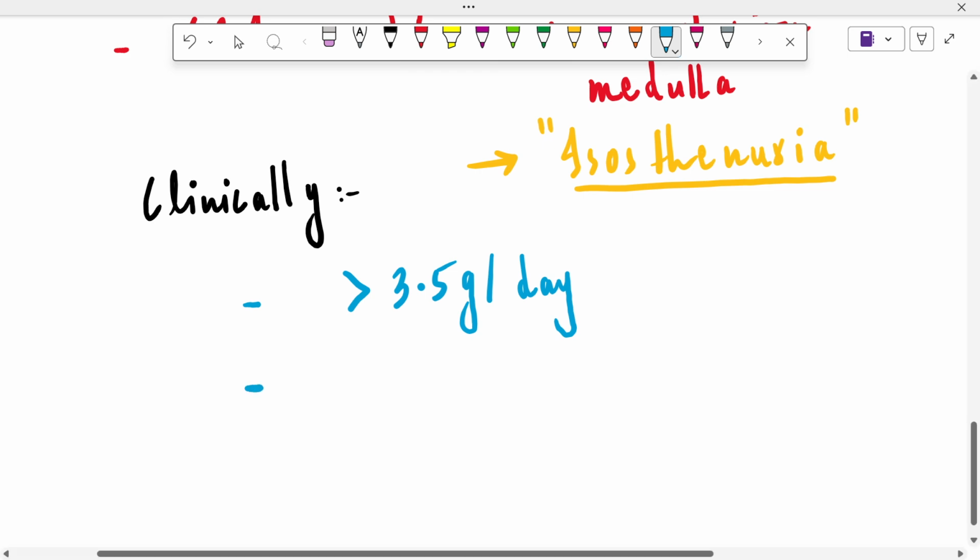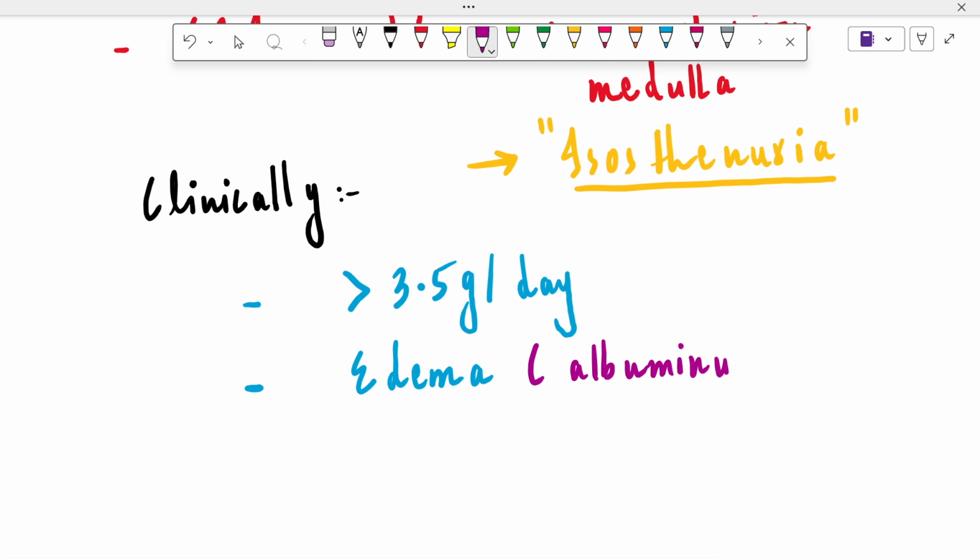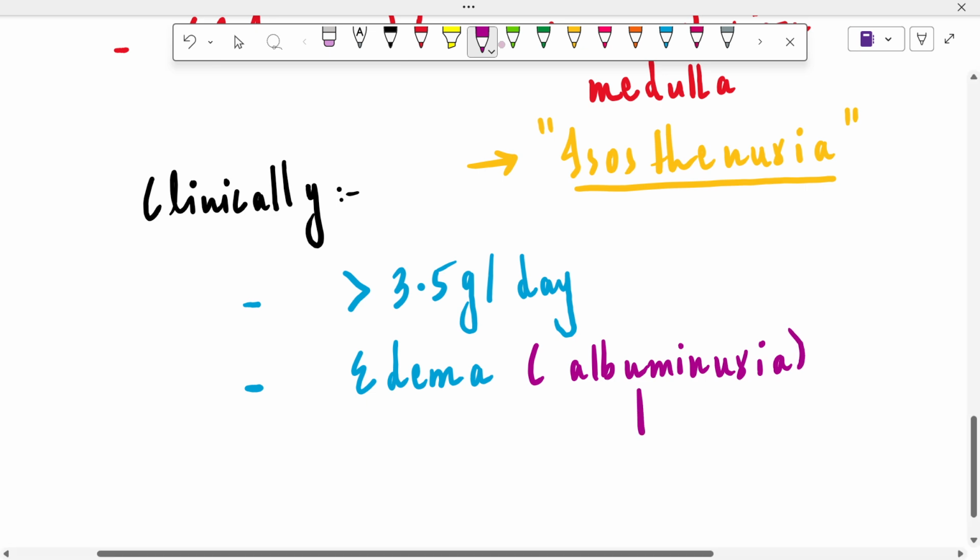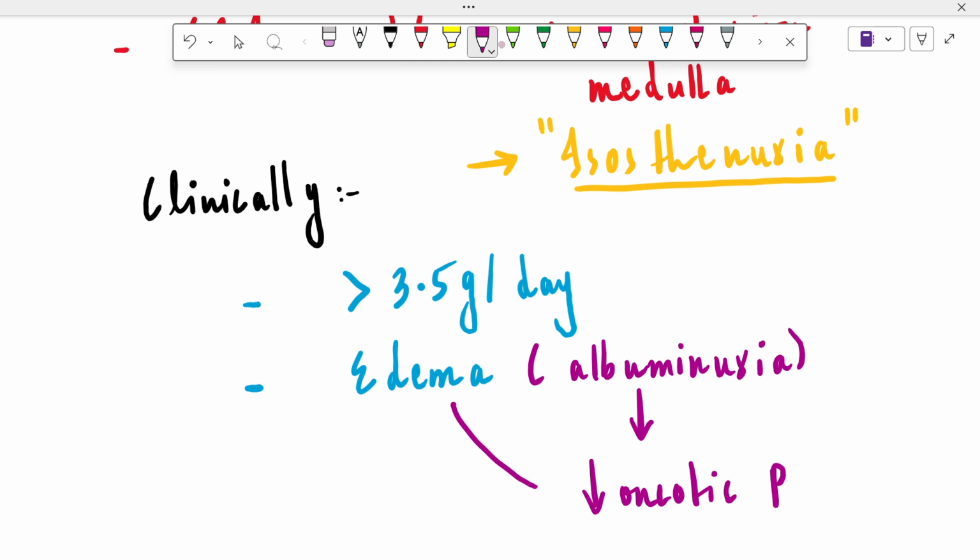The next thing is the edema. Why is edema happening? Because there is selective proteinuria, that is albuminuria. Albumin, which is very helpful in maintaining the oncotic pressure, is lost in the urine. Eventually, there will be low oncotic pressure in the blood, and this leads to edema.